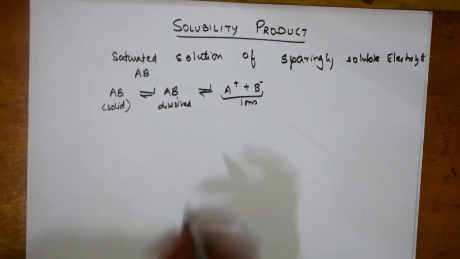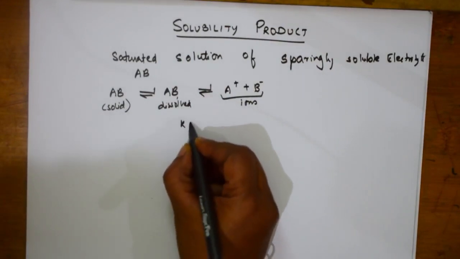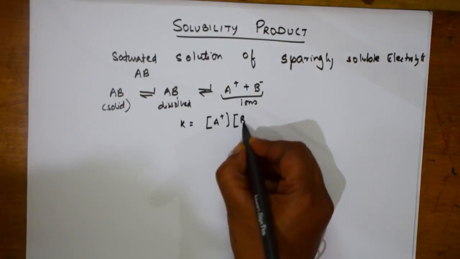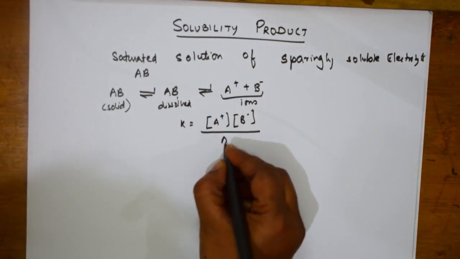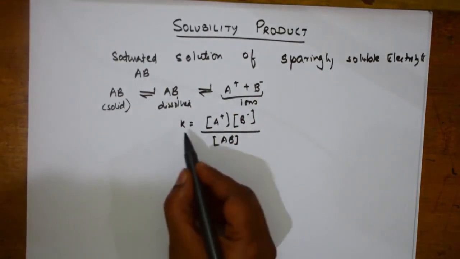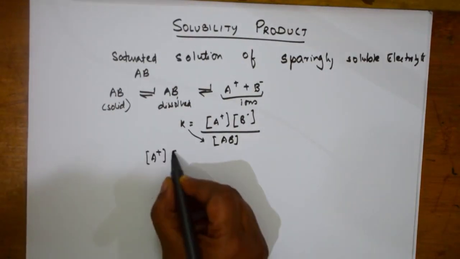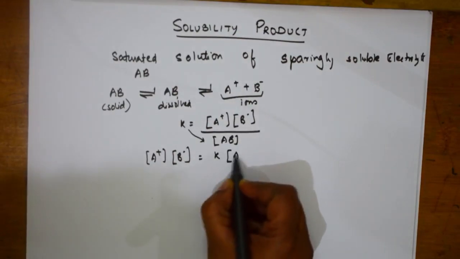Now I have to write the equilibrium constant for this. K is equal to concentration of A plus and concentration of B minus divided by the reactant AB. Indirectly, what does this mean? If I cross multiply, concentration of cation into concentration of anion is equal to K into AB.